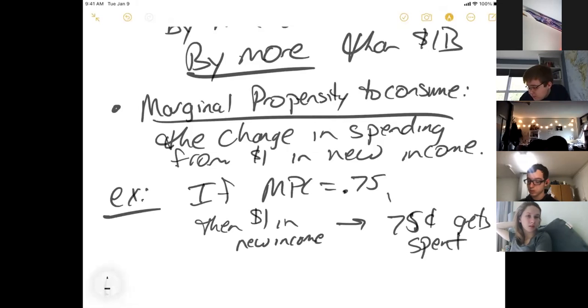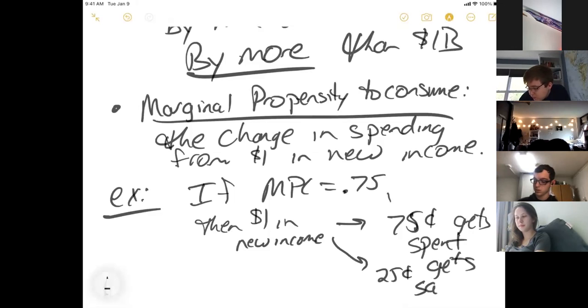And what happens to the other quarter? Save it. So the marginal propensity to consume is just trying to capture this idea that whenever people have new income, they spend some of it and save some of it.